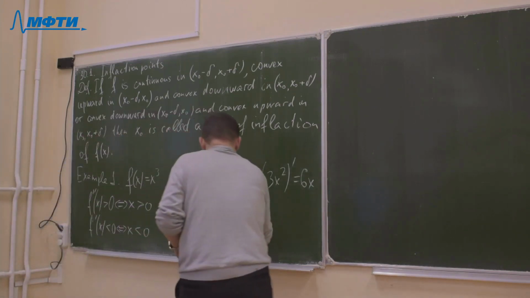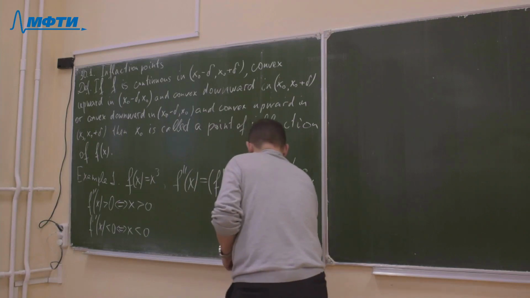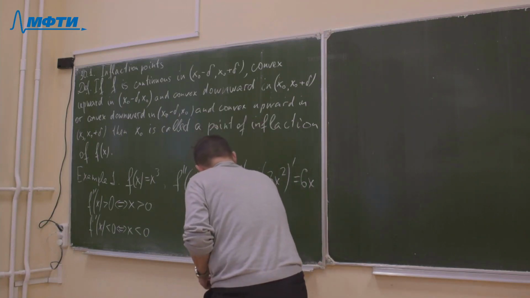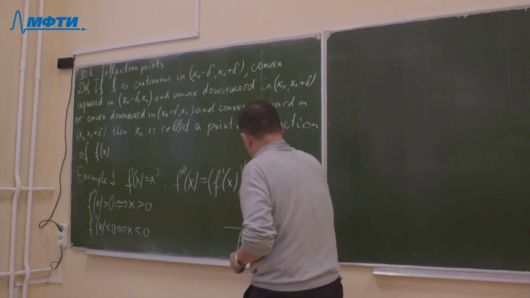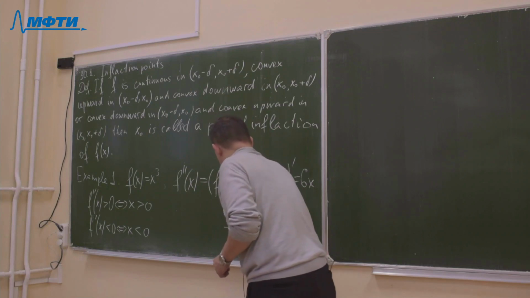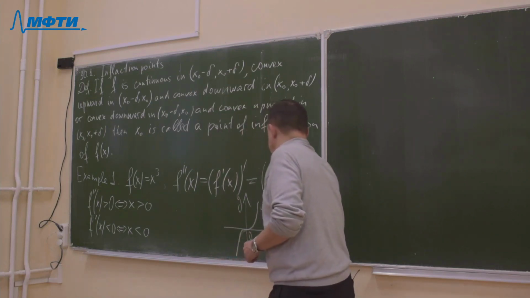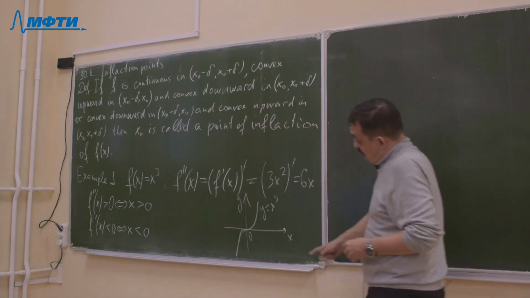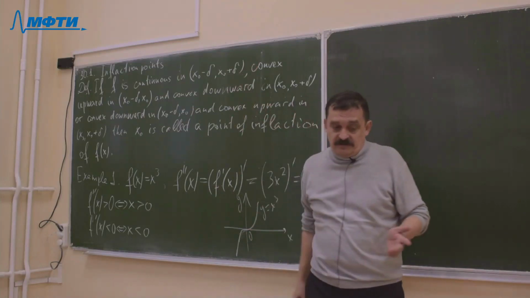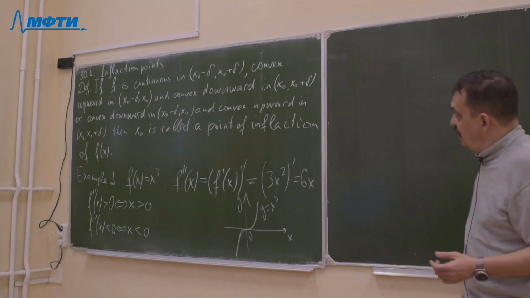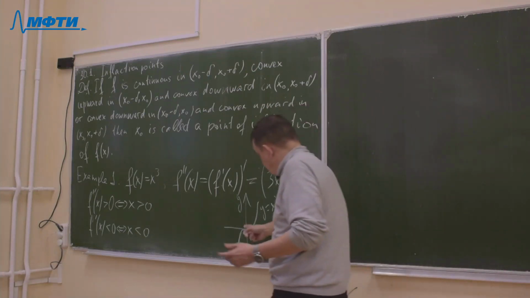It means the graph looks like this, that is y equals x cubed. Here we may take as delta an arbitrary positive number, and x naught is 0, of course.